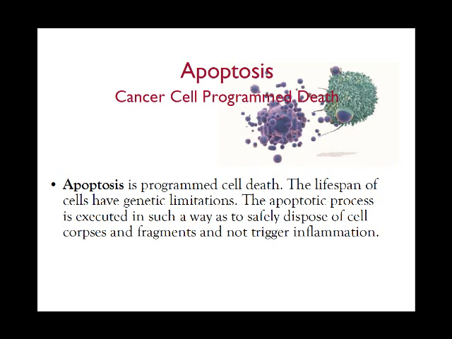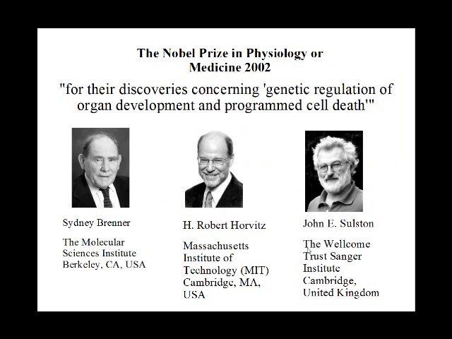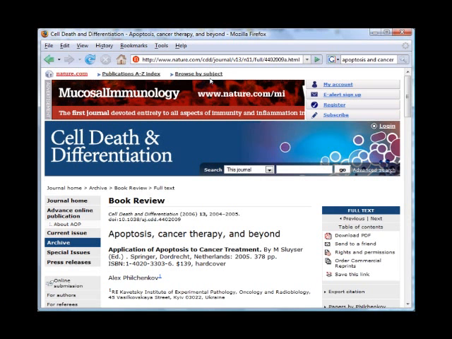A lot of the time, we use nutrition. The cancer patient takes nutrition, and the cancer cell just silently disappears. This is apoptosis, discovered by these three professors. They shared the Nobel Prize in Medicine in 2002. So this is new.